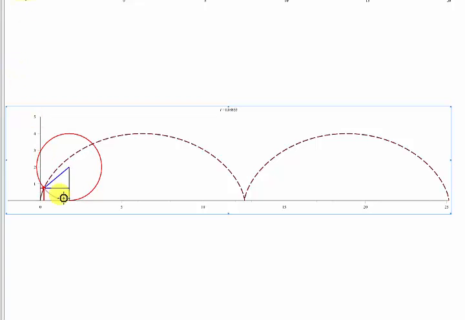Here I want you to notice that the length from the beginning point, the origin 0, to the new tangent point on the ground between your tire, the red circle, and the ground, equals this gray arc.